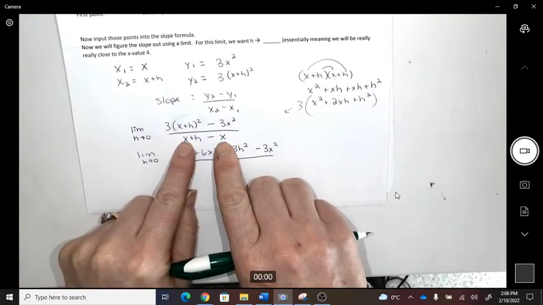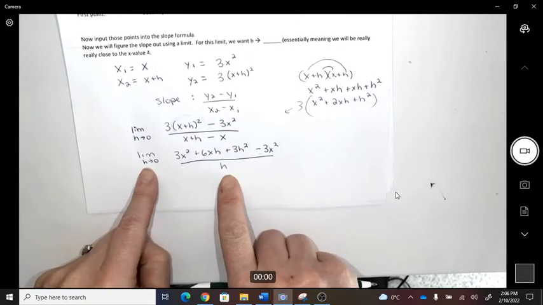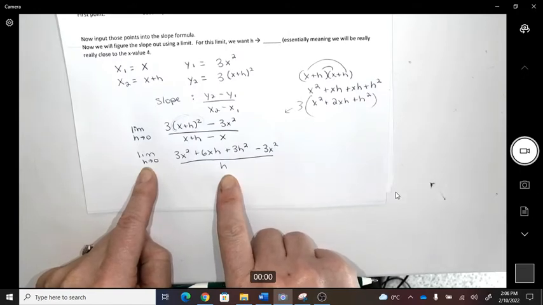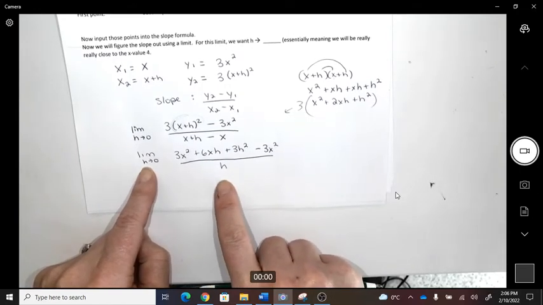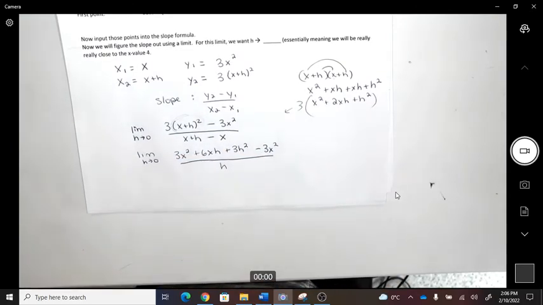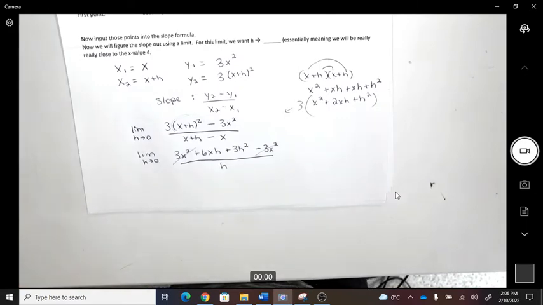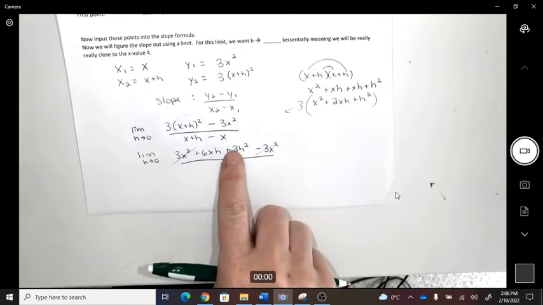That was good. Okay, do we notice that I have a problem? I can't just plug h in, 0 in, right? That's going to create a 0 on the bottom. So, my strategy, I'm going to try to see if I can eliminate some kind of algebra issue. Okay, so 3x squareds, those could go away. Do you see something?